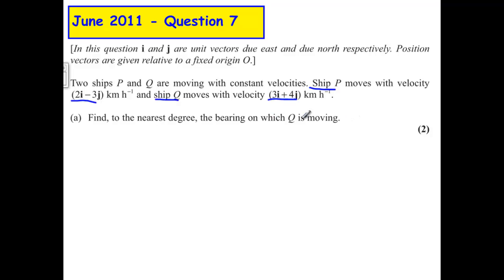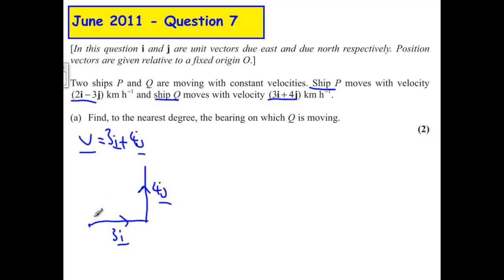And for part A, for 2 marks, it says find to the nearest degree the bearing on which Q is moving. So if we look at ship Q, the velocity of ship Q is 3i plus 4j. If we were to draw that vector from any given point, we would go along 3i and we would go up 4j.